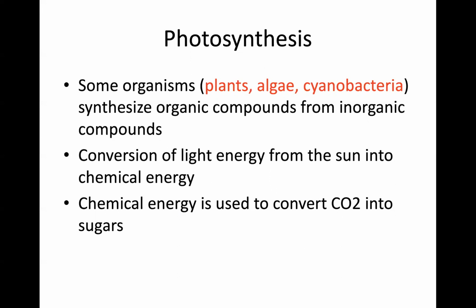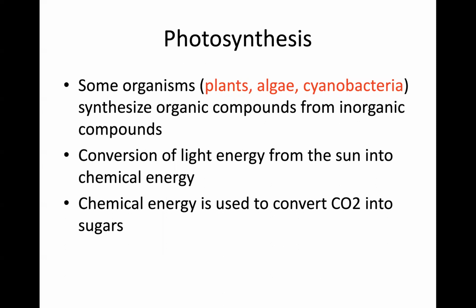You've seen the chemical equations for photosynthesis. You should go back and take a look at them and compare that to what's happening in cellular respiration in terms of the key players and what's actually happening.